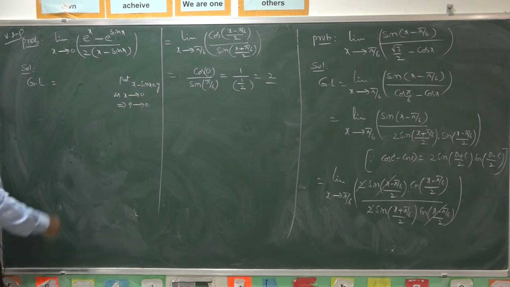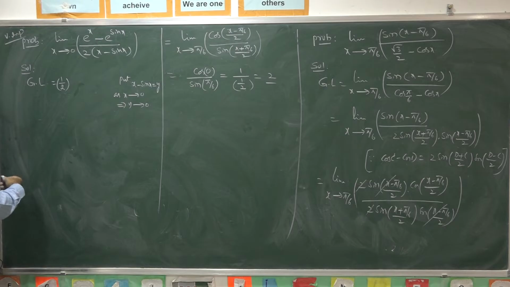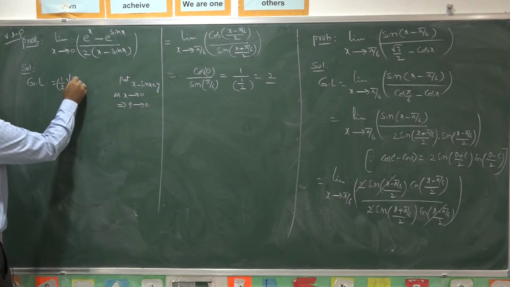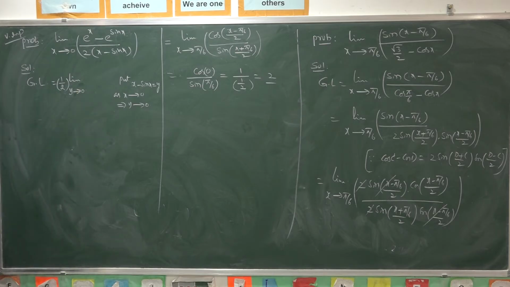So, the given limit may be reduced by that substitution. You can take 1 by 2 as common, which is a constant, and the remaining limit you can reduce in terms of y by taking x minus sin x as y. So, limit y goes to 0.